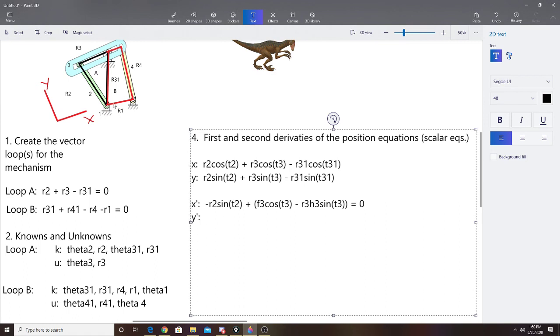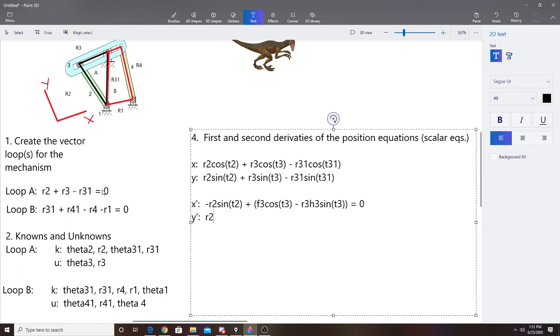I know people are like, well, wait a minute, we don't know what theta 31 is. But it doesn't really matter because we can measure it, and if it never changes after we measure it, it just means that cosine of an angle is some number. You know what I mean? It's a number. Therefore, the derivative of just a number multiplied by just a number is 0. So that's why that happens.